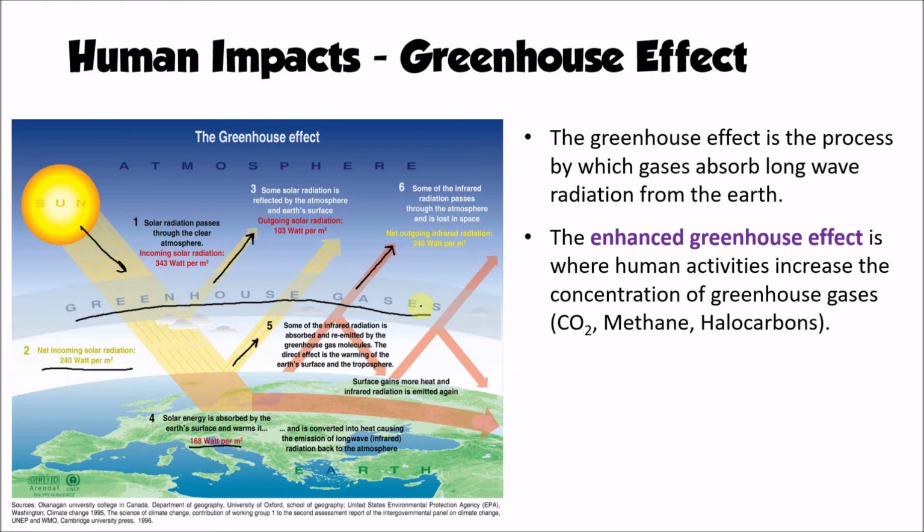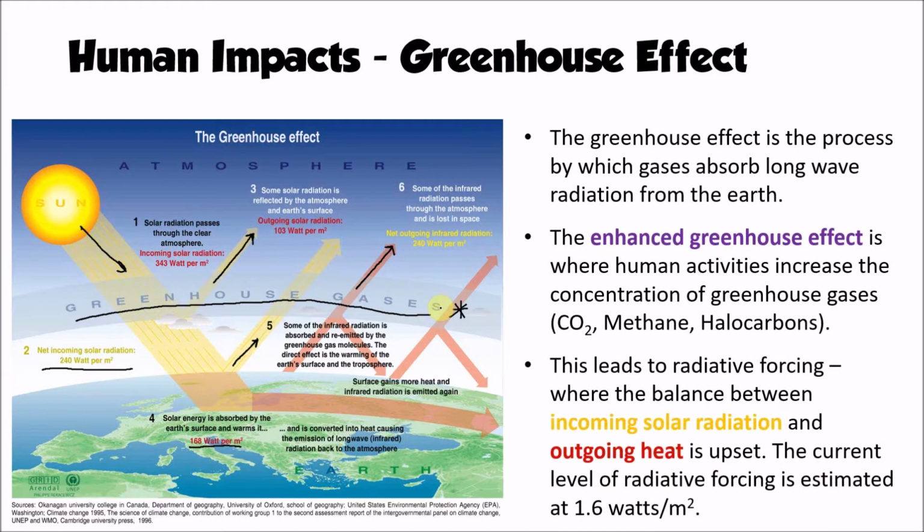So when we talk about human activity affecting the carbon cycle, we really want to be talking about the enhanced greenhouse effect. And that is because human activity is increasing the concentration of these greenhouse gases, and therefore we are making this effect more intense.